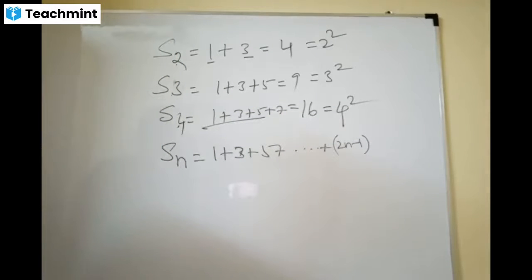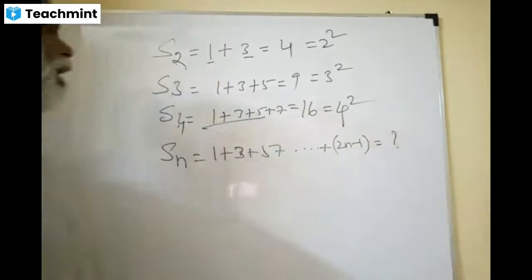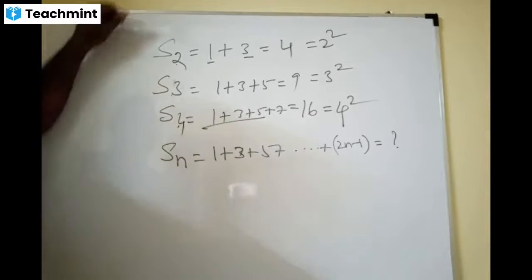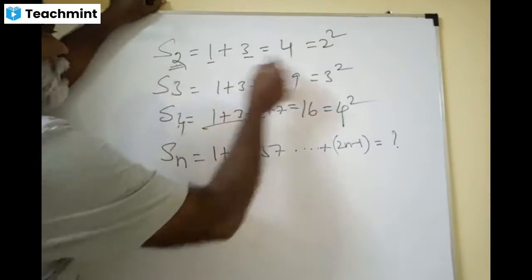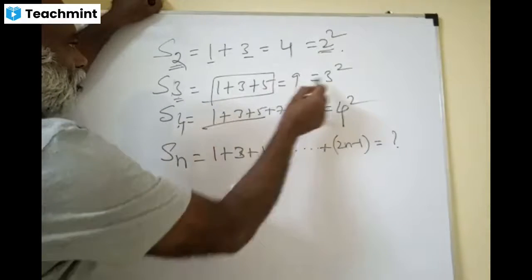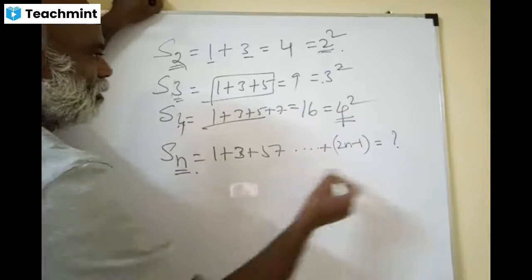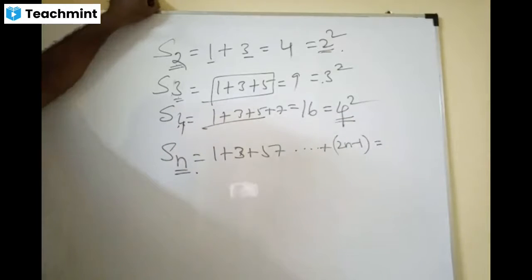Then what is the answer here? Think and tell, please. So what is the answer? Sir, 2n minus 1 the whole square.